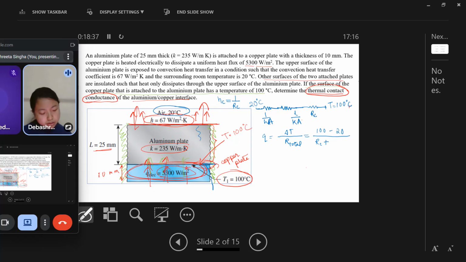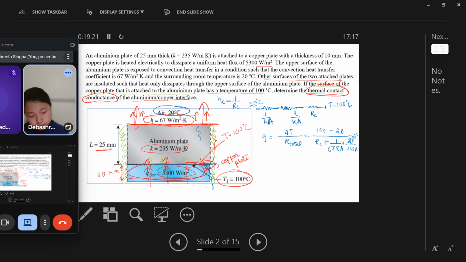RC plus 1 by HA, where H is 67, you can just write A because the area is not given, and then L by KA, where L is 25 into 10 to the power minus 3 and K is 235. So you don't know A.